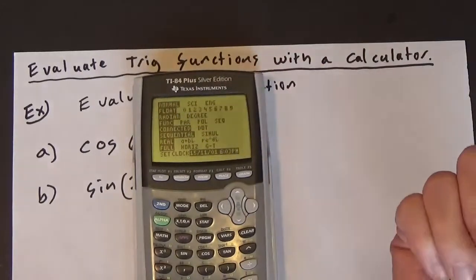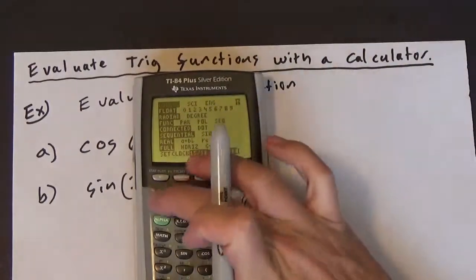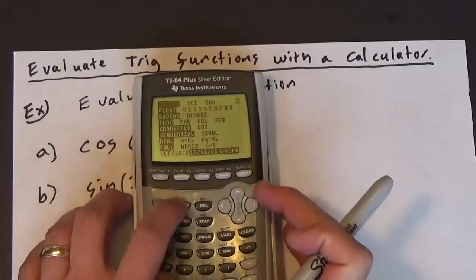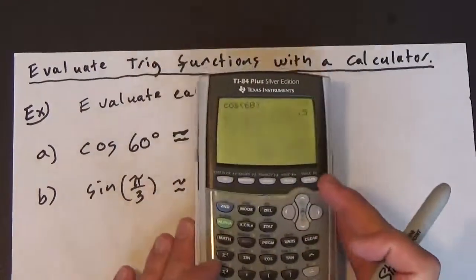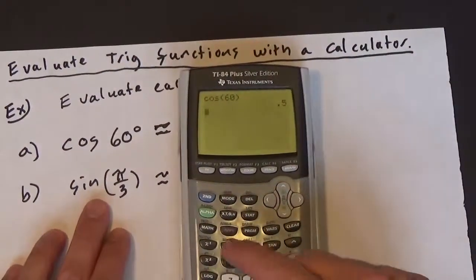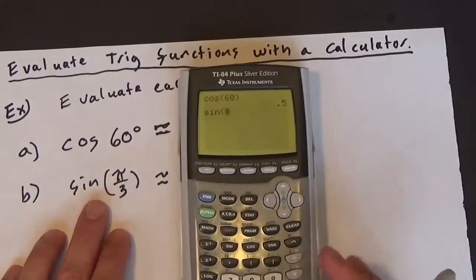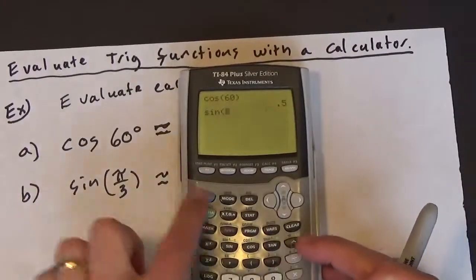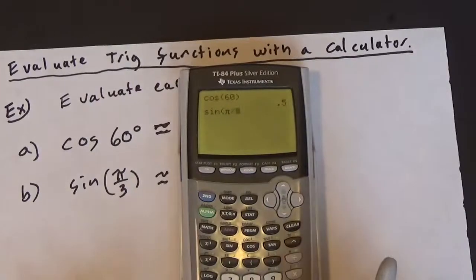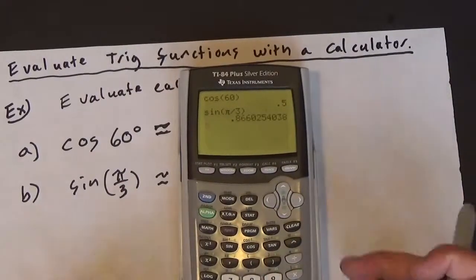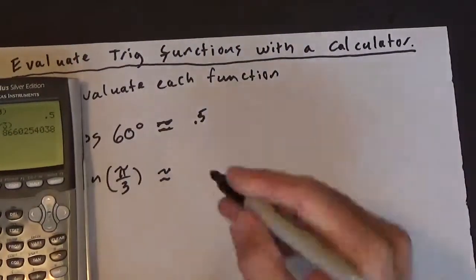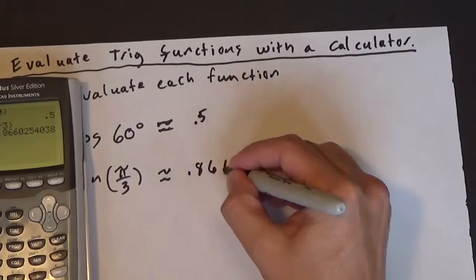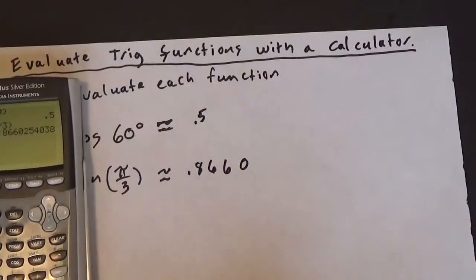Then we can quit out of that. Now we can put in the sine, and when you use pi, make sure you use the pi button here. So sine of pi divided by 3, and we get 0.8660. So it's an approximation.